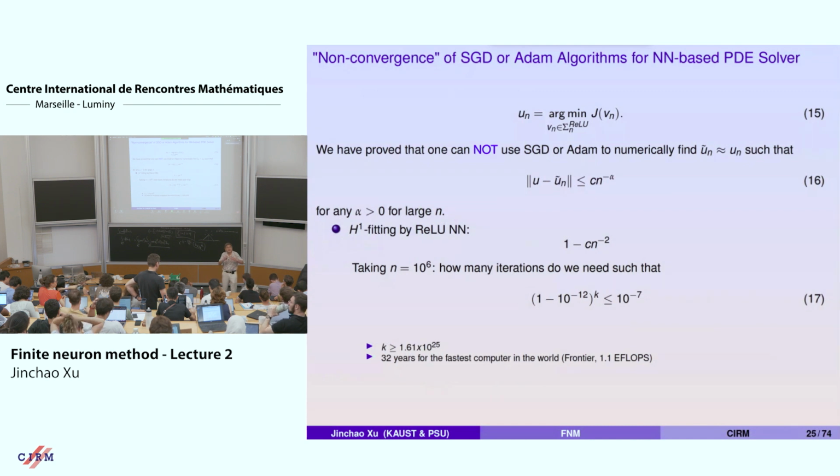If you take a one-dimensional problem, a shallow neural network is a piecewise linear function. If you are given a smooth function and you do optimize, by the time you get it, it has to be more or less a uniform grid.